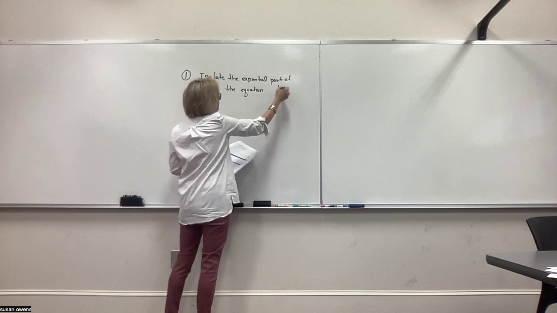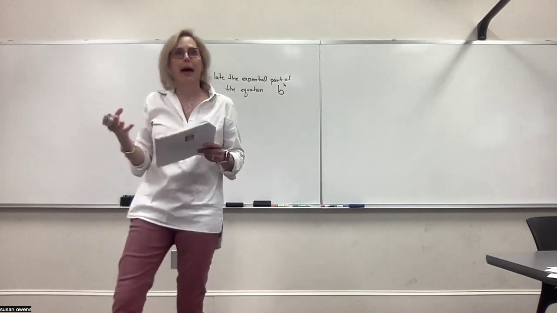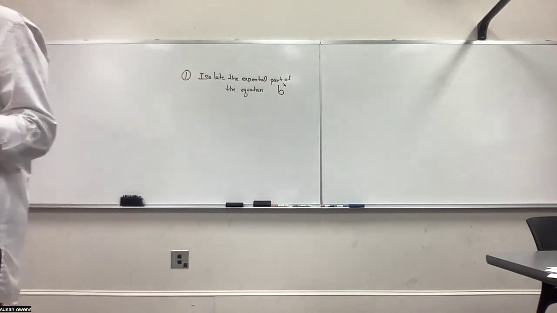So you're trying to get b to the x or b to the some number x, trying to get that by itself on one side of the equal sign.